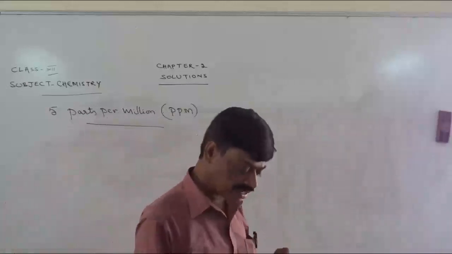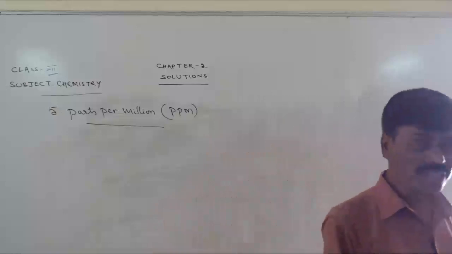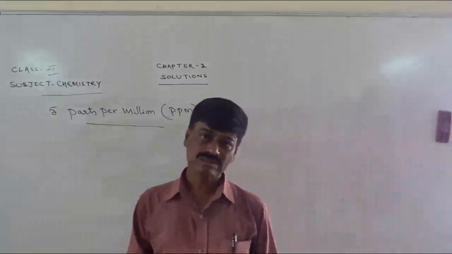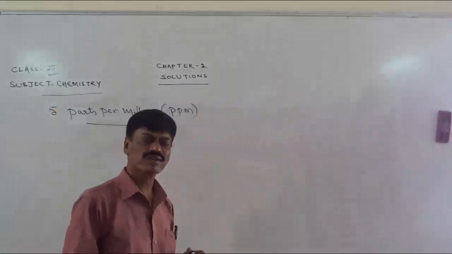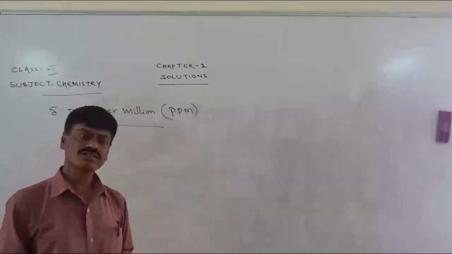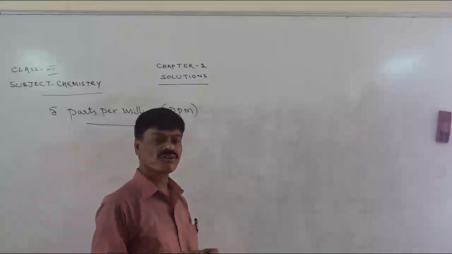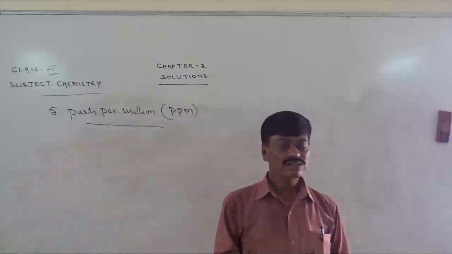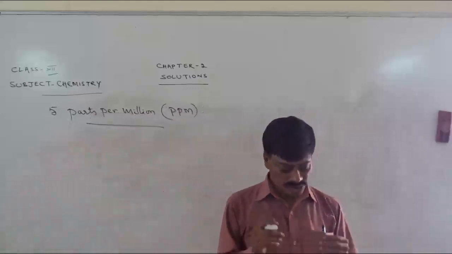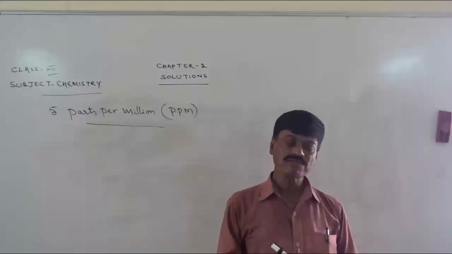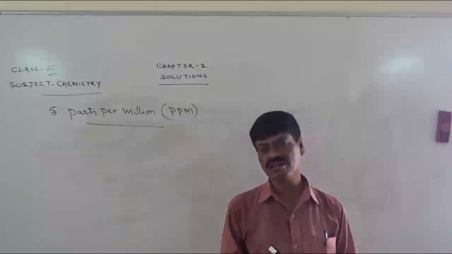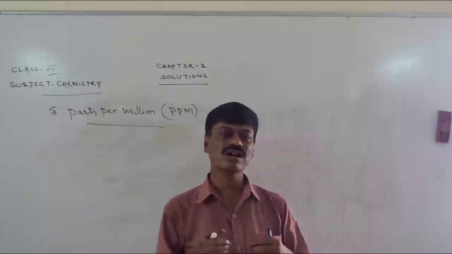Now let me give a second example. In water, oxygen is dissolved in traces, meaning in very small quantity. Oxygen is dissolved whether that water is river water, sea water, and so on. Usually in water, 6 into 10 raised to minus 3 grams of oxygen is dissolved, a very small amount.